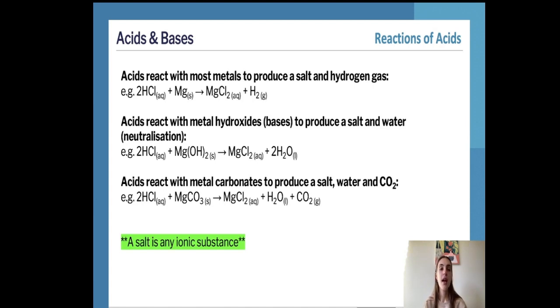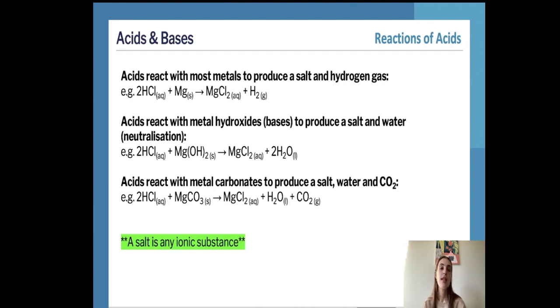We next can have acids react with metal hydroxides, so bases, to produce salt and water. This is known as a neutralization reaction because the acid is being neutralized by the base, or the base is being neutralized by the acid, and so they cancel each other out.